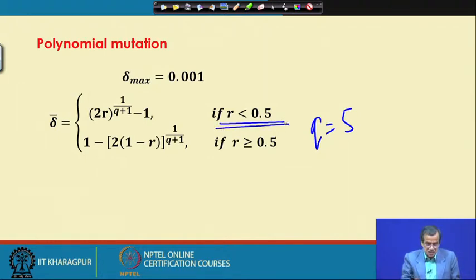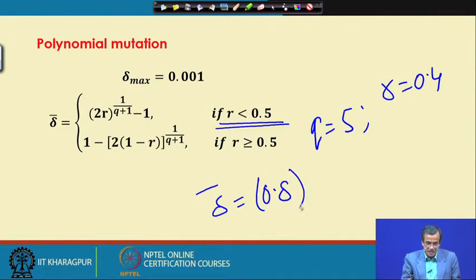Now, if that is the situation, your delta bar will be nothing but, r is 0.4, so this will become 0.8 raised to the power 1 divided by q plus 1, that is 5 plus 1, sorry, 6, so 1 divided by 6, minus 1.